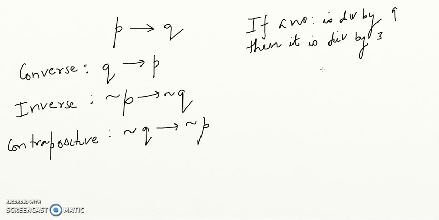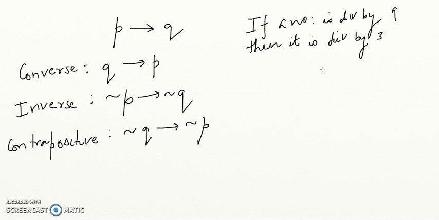If I say if a number is divisible by 9, then it is divisible by 3, and this is true, can I say the converse, that is, if a number is divisible by 3, then it is divisible by 9, is also true? No, not necessarily. For example, the number 6 is divisible by 3, but it is not divisible by 9. So if a statement if P then Q is true, then its converse need not be true.